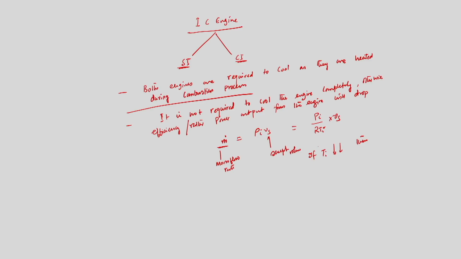The mass flow rate through the engine cylinder will increase, and as a result, although the swept volume remains the same, if Ti reduces, the mass flow rate of coolant will increase.